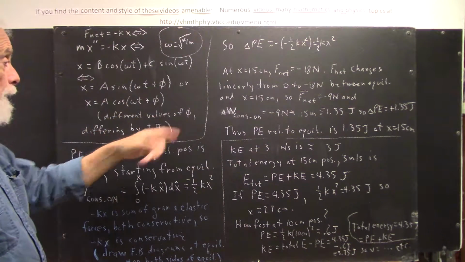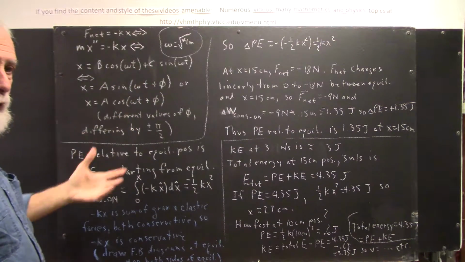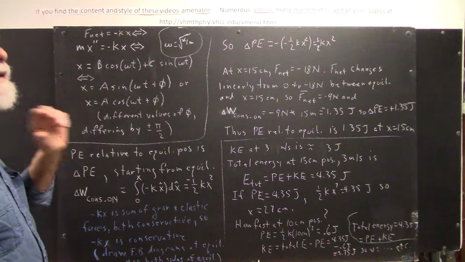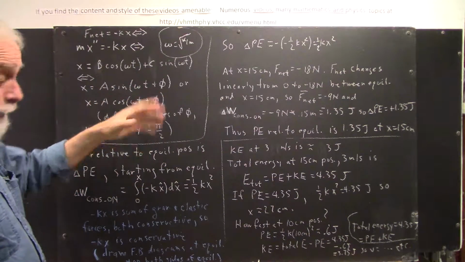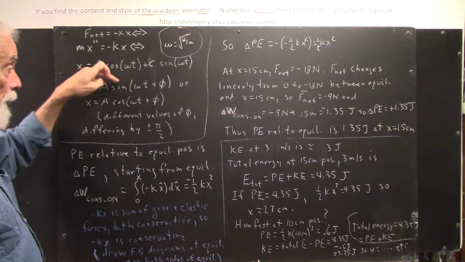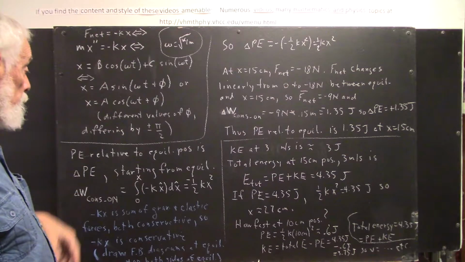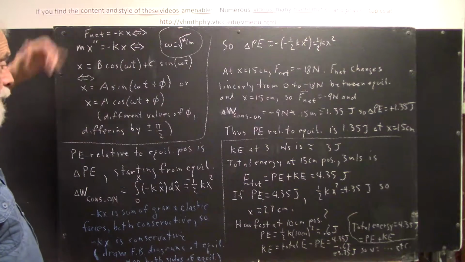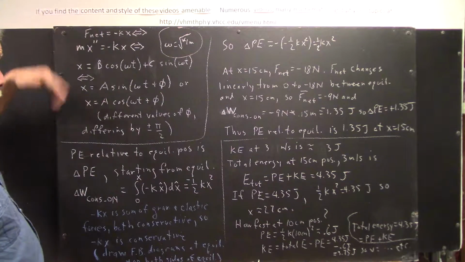You have different values of phi, and from here to here or from here to here, the value of phi differs just by 90 degrees or pi over 2 radians, or negative 90 degrees or negative pi over 2 radians, depending on what direction you go in, because the sine and cosine functions are out of phase by 90 degrees or pi over 2 radians.